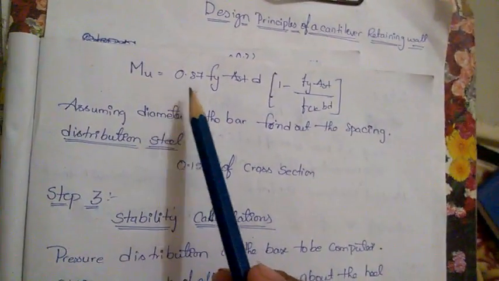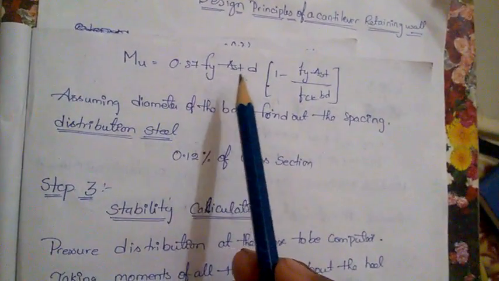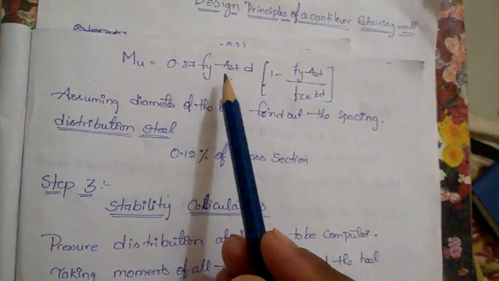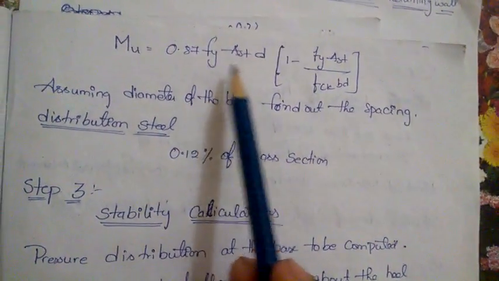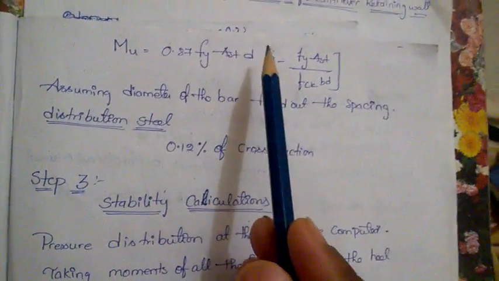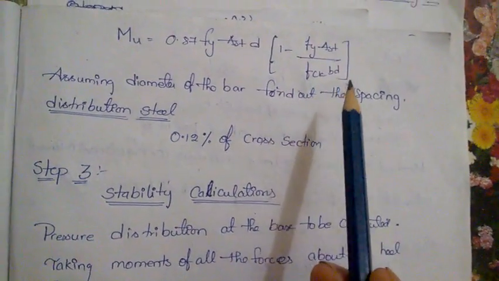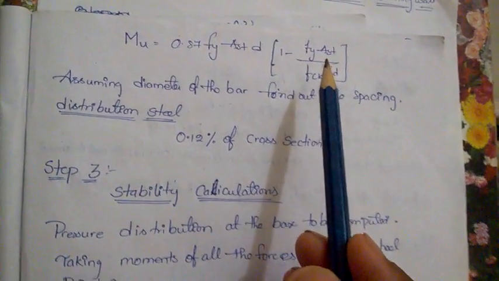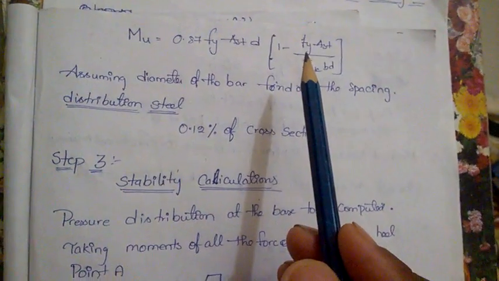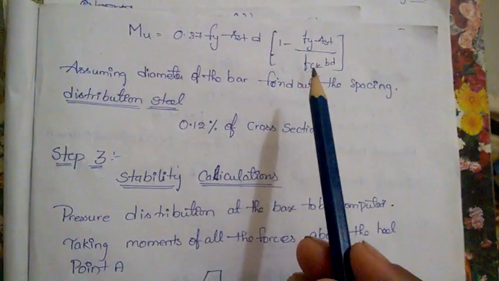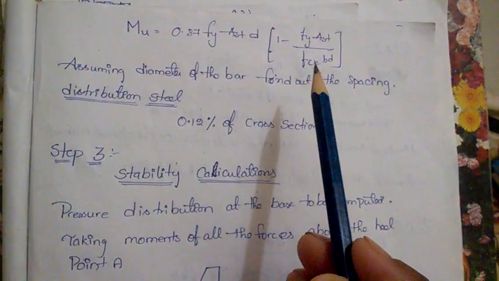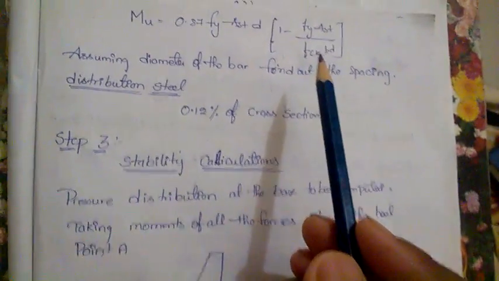Okay, now we are finding Mu is equal to 0.87 Fy AST D, bracket 1 minus Fy AST by FCK B D. What is meant by AST? Area of steel required. D means depth. AST means area of steel, Fy means yield strength, FCK means characteristic strength, B means breadth, D means depth.